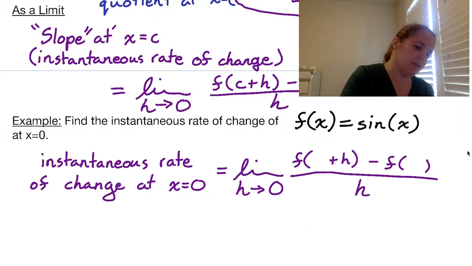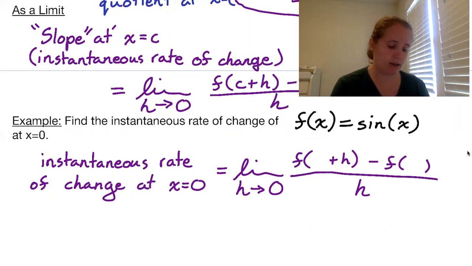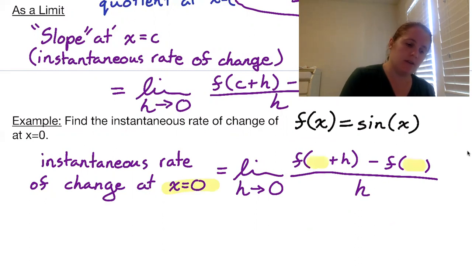And what is going to go into those blanks? Well, we are trying to find the instantaneous rate of change at x equals 0. So in those blanks, we will plug in 0.